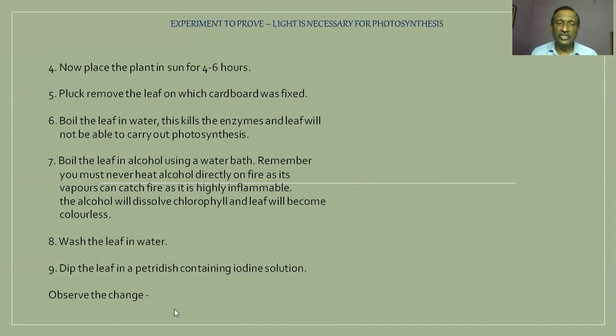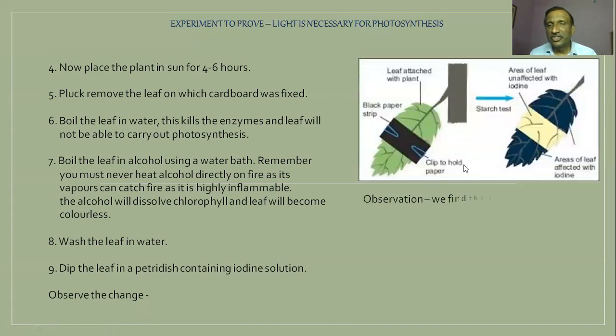So observe the change. This was the leaf which was green, thoroughly green from all sides. Here we put the paper clip or cardboard with the paper clip, and then we expose it in the sun.